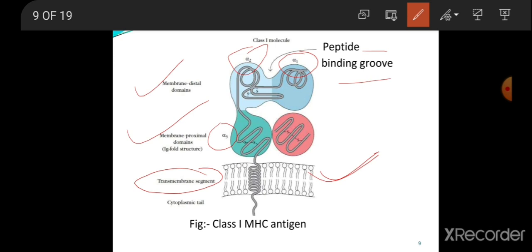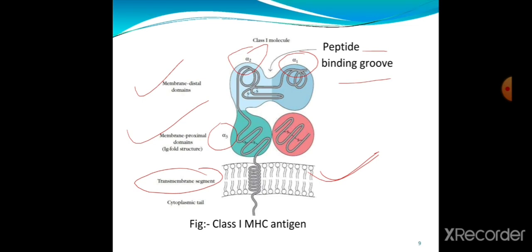In class 1 MHC antigens, there is a binding site in between alpha 1 and alpha 2.